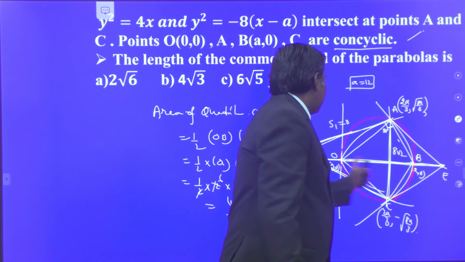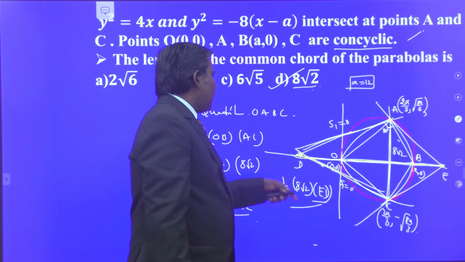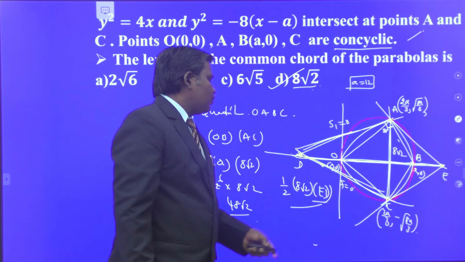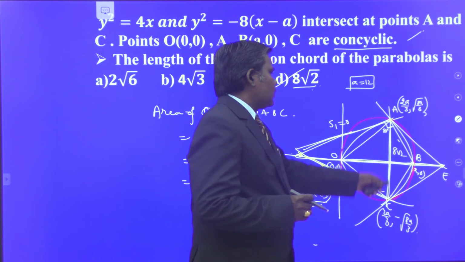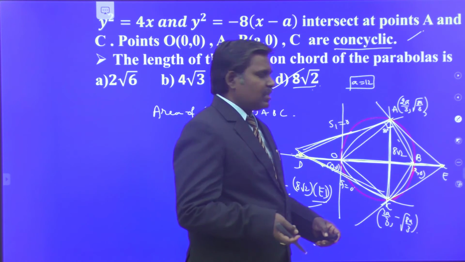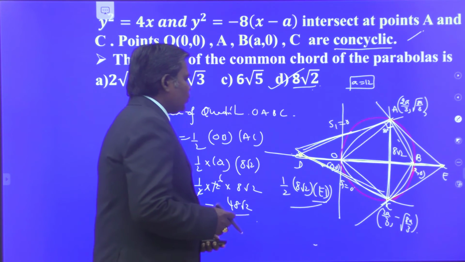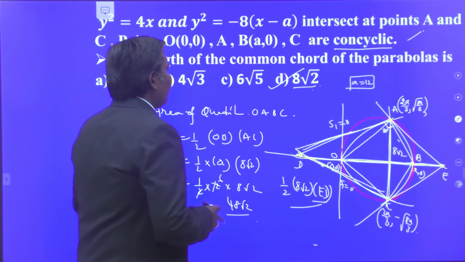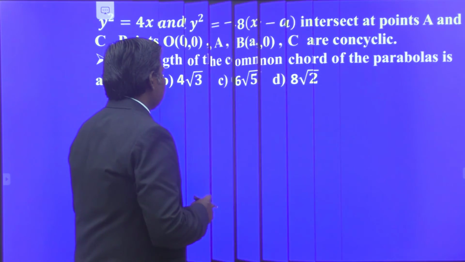After getting both the points D and E, you can write the length ED and you can find half of 8 root 2 times ED. Or otherwise, you just write the equations of tangents at these 2 points, find their points of intersection, find the ED distance and make half of 8 root 2 into ED. You get the required area of that quadrilateral ADEC.